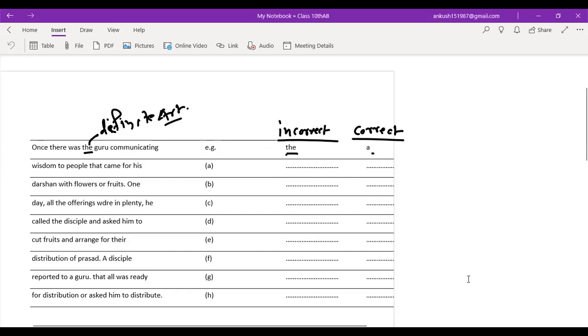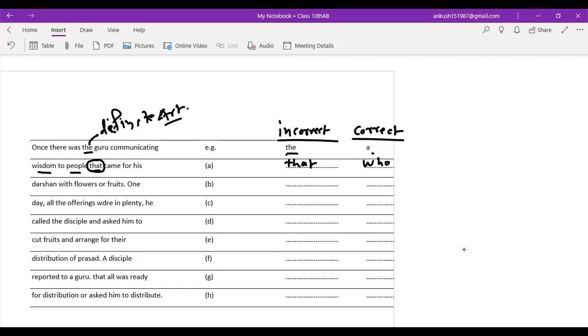See, once there was a guru communicating wisdom to people, that is incorrect over there. What is incorrect there? That. It would be who. Who came? The guru, isn't it?